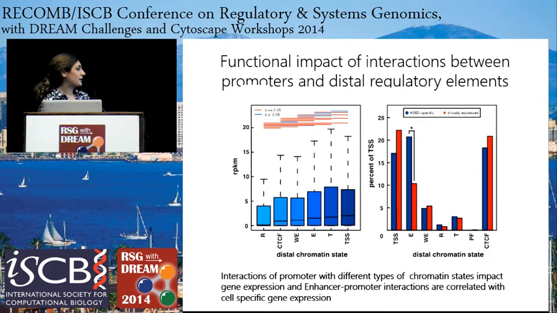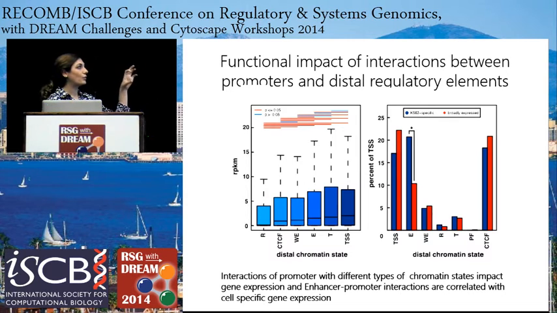On the other side of the slide, I want to show you that these interactions are cell-specific. Here, wherever we have a promoter connecting to different types of chromatin, and we look at a K562-specific gene and a broadly expressed gene, when we compare those, we see that the connection between enhancer and promoter is the most cell-specific interaction that we could see.